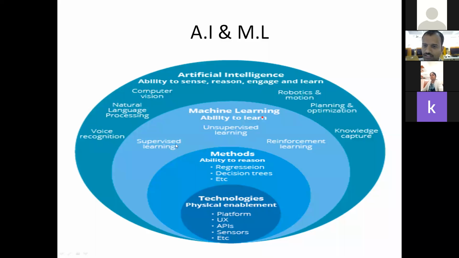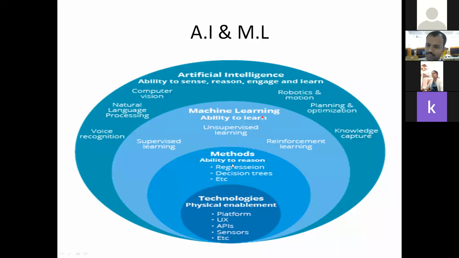These are some of the standard machine learning algorithms which you will come across even when you are processing advanced deep learning. You need to learn some basics of supervised learning, unsupervised learning, and reinforcement learning as well. You will also come across regression and decision trees. These are the typical methods that we apply.